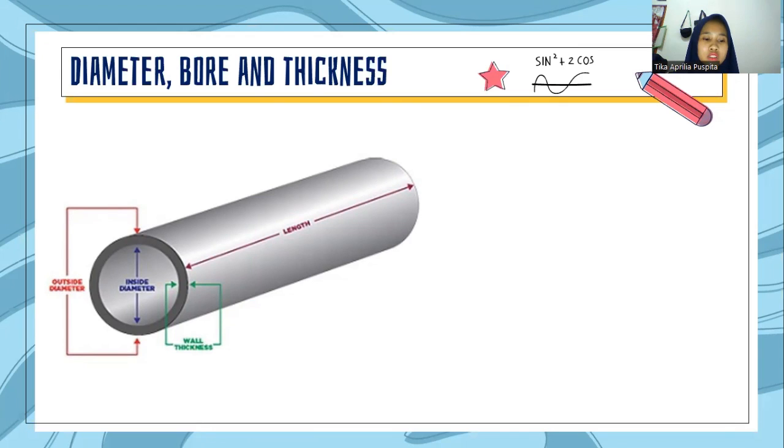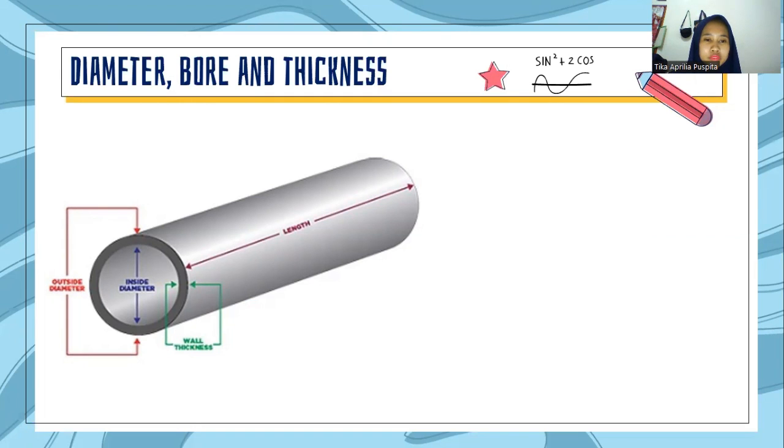The bore diameter is the inner diameter or inside diameter, the blue one in the picture, while the thickness refers to the wall of the cylinder or wall thickness in the picture, the green one. These images also include three-dimensional shapes, and we can see the example of this form in toilet paper or pipes.